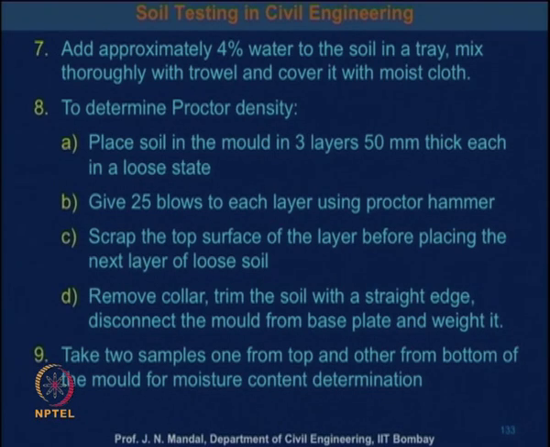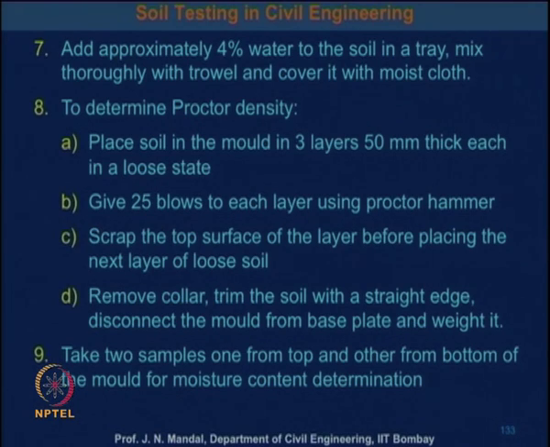Scrape the top surface of the layer before placing the next layer of loose soil. Then remove the collar, trim the soil with a straight edge, disconnect the mold from the base plate, and then you take the weight.